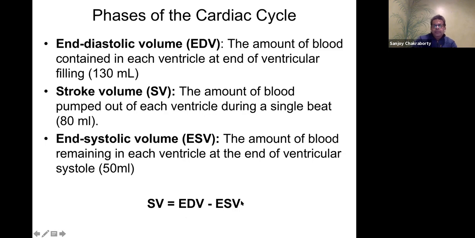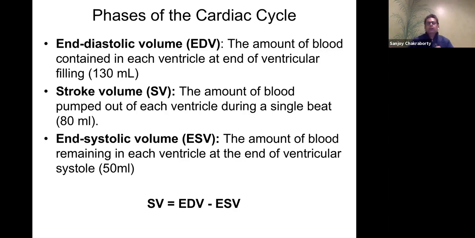On the other hand, ESV depends on afterload and contractility. So these are the two different words. So EDV, one more time, venous return and preload. ESV, afterload and contractility. So let's focus on each word now.